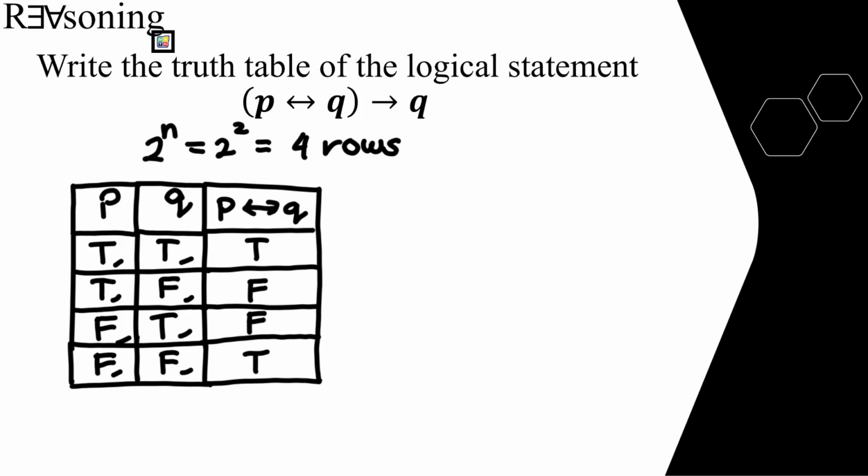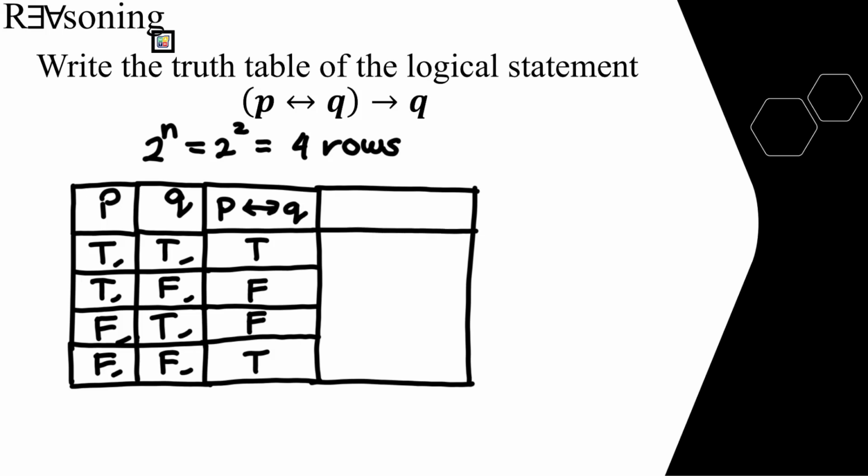Now after this, we simply need to subject this into the conditional statement, our original logical statement: if P if and only if Q, then Q. This is conditional. So we still have 4 rows indicated here.